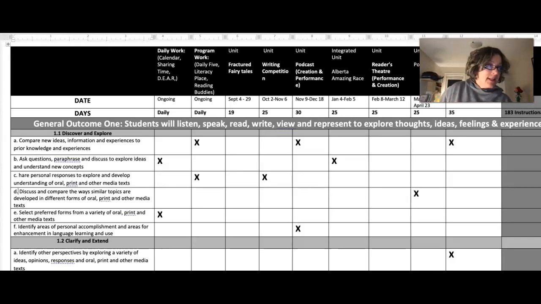So here we go. I want you to think about what kind of daily work you could do in a grade 4 class. It might be calendar time, sharing time, or DEAR time, drop everything and read time. Those are things you do on a daily basis to support your language and literacy, so it's not necessarily a program.